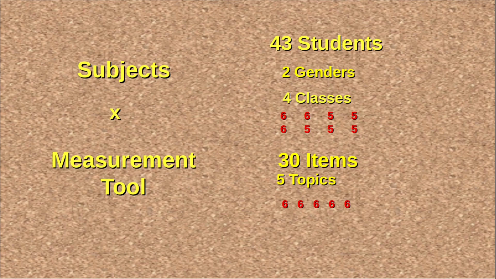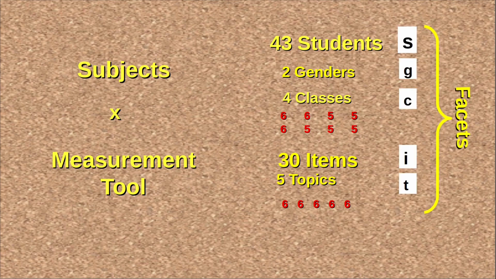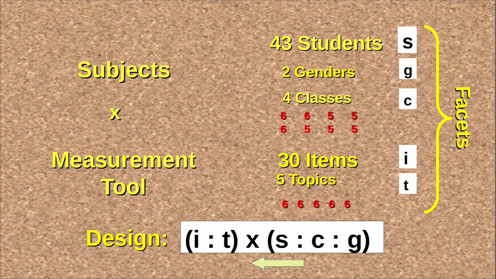The measurement tool consists of 30 true-false questions in 5 topics. Together they form the so-called facets of the analysis. Generalizability analysis formally accepts the design as the product of object and measurement tool, where the customary order is from right to left.